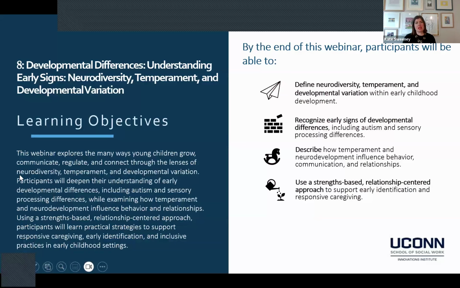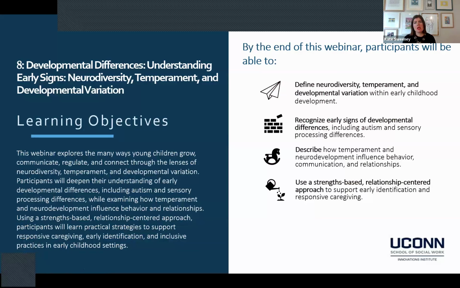Our goal for today, as I said, is really considering developmental differences, understanding practices and conversations in the context of development, developmental variation, neurodiversity, and temperament when we're considering early childhood mental health in terms of families and programs in front of us. And I'll read the objectives on the right out loud.